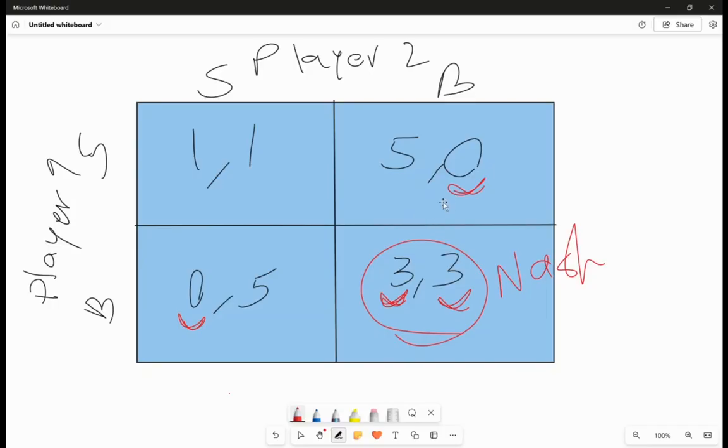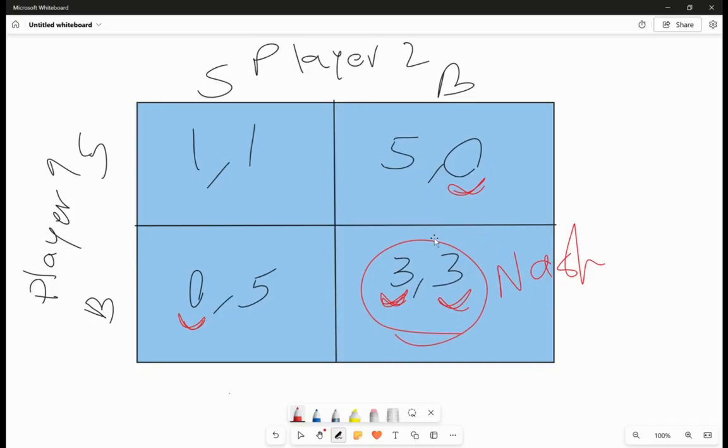How about player 2? What's the best response of player 2, and does player 2 have a dominant strategy or not? First, let's assume firm 1 plays low price. What is the best response of player 2 if player 1 plays low price?